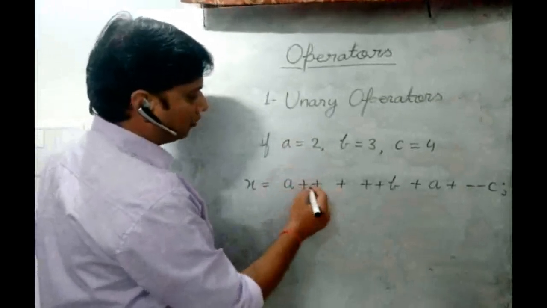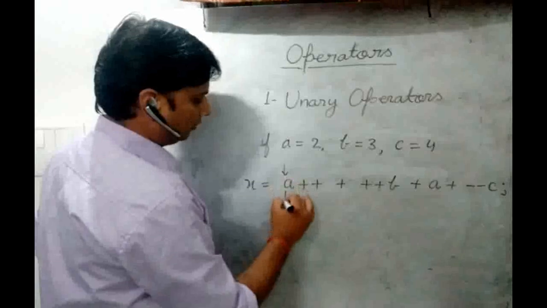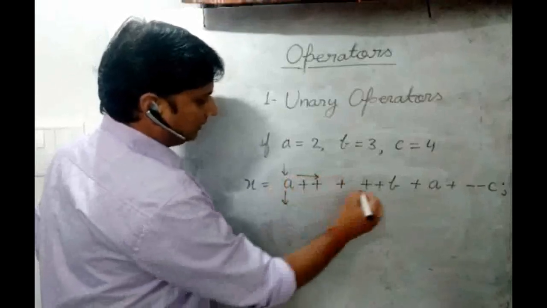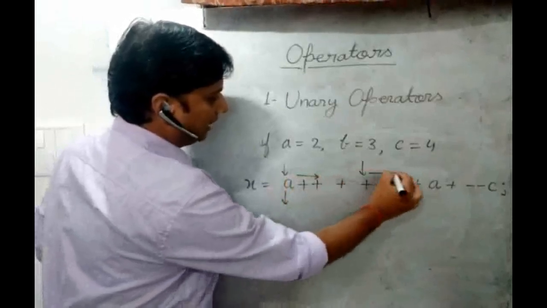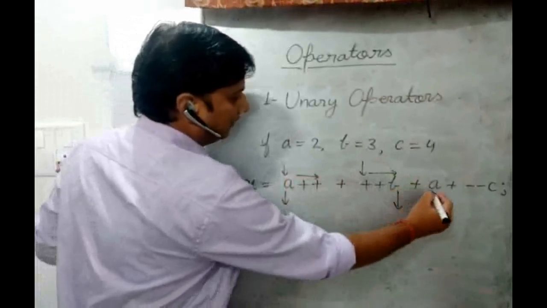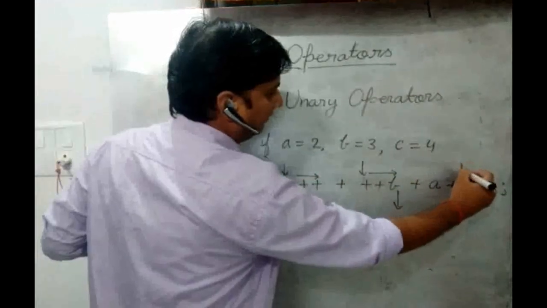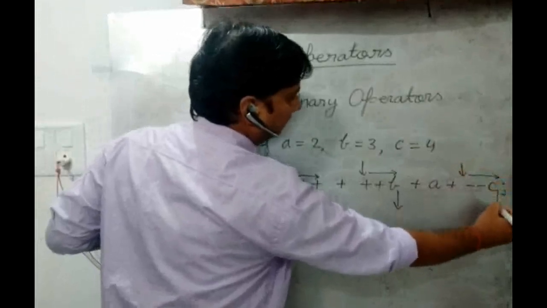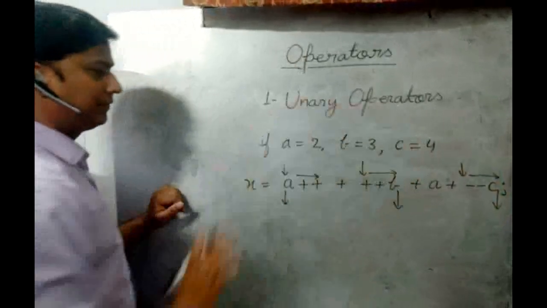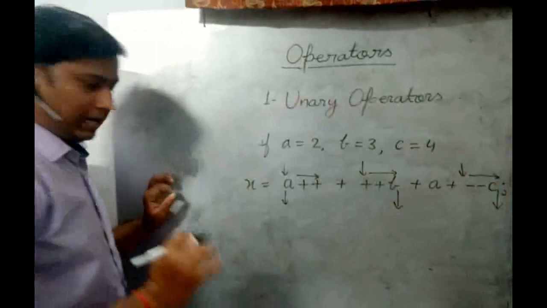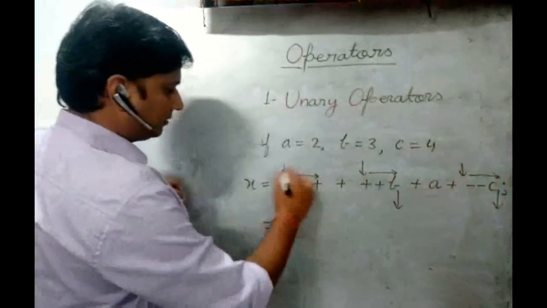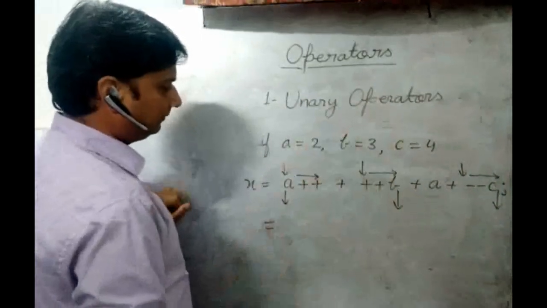This one is the post increment, so we mark the arrow like that. This one is a pre, so we mark the arrow like that. There is no increment or decrement operator here. Once again we have a decrement, so we mark the arrow like that. With the help of a pencil, first of all mark the arrows. Then after that, solve the whole expression one by one.